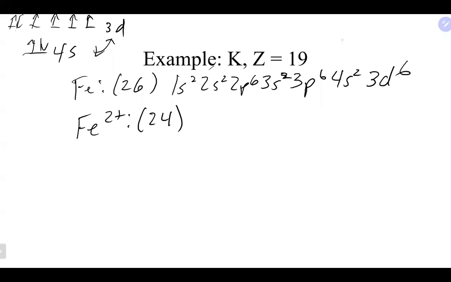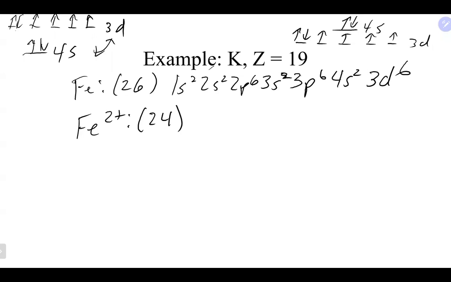And what ends up happening, as I mentioned, is the 4s actually ends up being higher in energy, and the 3d ends up being lower in energy. So what happens when things lose electrons is they typically will lose the highest energy electrons first. And that is because technically they are further away from the nucleus and not held as tightly. So those are the ones that go.